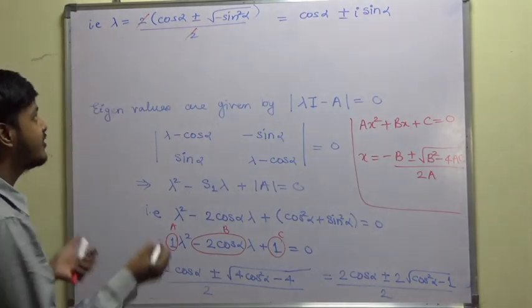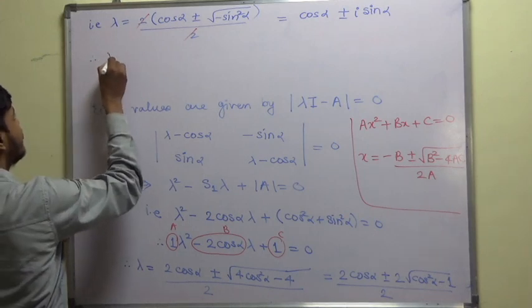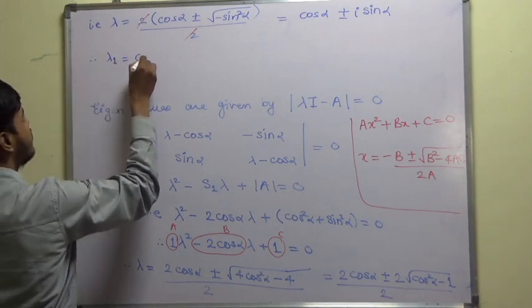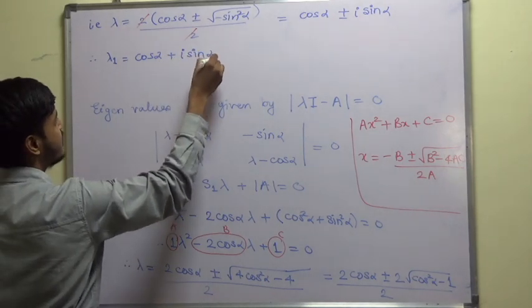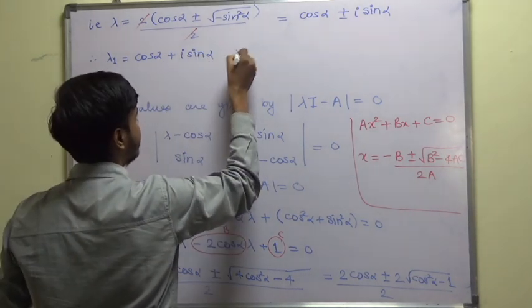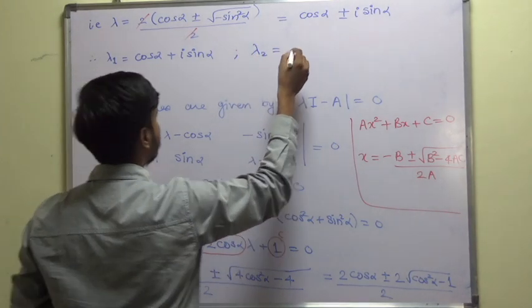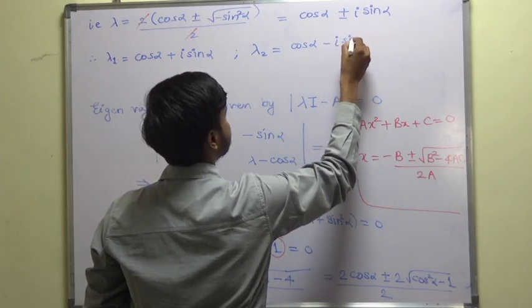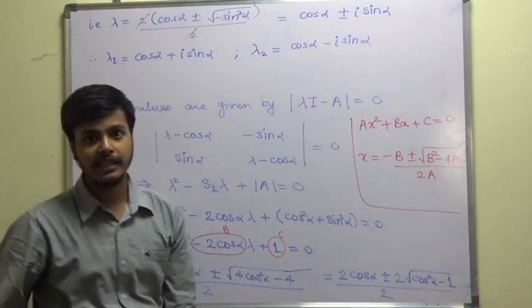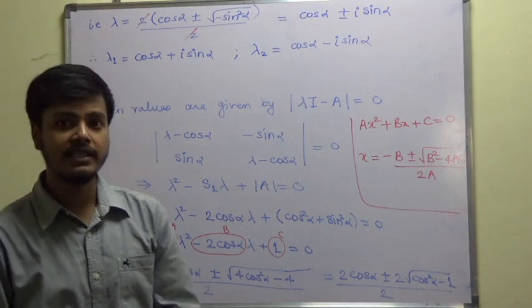So what eigenvalues are we getting? Therefore lambda 1 is equal to cos alpha plus i sin alpha, going with the positive first, and lambda 2 is equal to cos alpha minus i sin alpha. Are the roots distinct or identical?